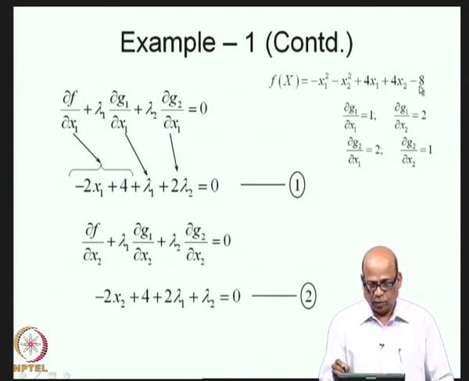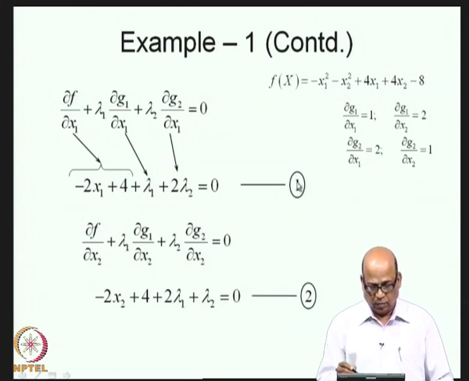I am differentiating with respect to x_1. Then lambda_1 dg_1/dx_1, dg_1/dx_1 is the differential of the first constraint with respect to the variable x_1, that is 1, and therefore, this will be lambda_1 plus this is 2. Therefore, this will be 2 lambda_2 equal to 0. This is the first condition. Similarly, with respect to the second variable, that is i equal to 2 now, that equation will be minus 2 x_2 plus 4 plus 2 lambda_1 plus lambda_2 is equal to 0.